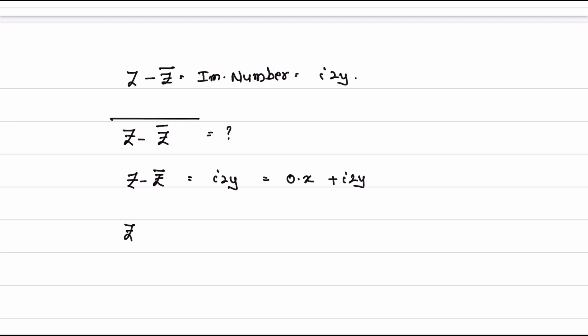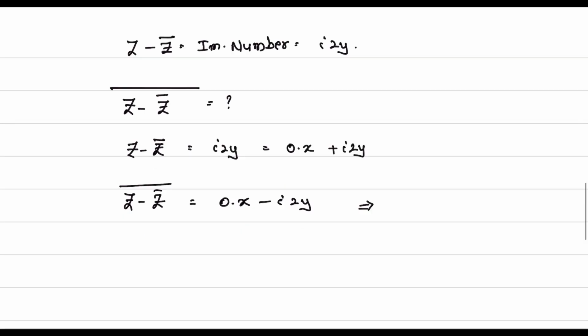Then Z minus Z bar whole conjugate is equal to 0 into x minus I into 2y. Z minus Z bar whole bar is equal to the conjugate of Z minus Z bar.